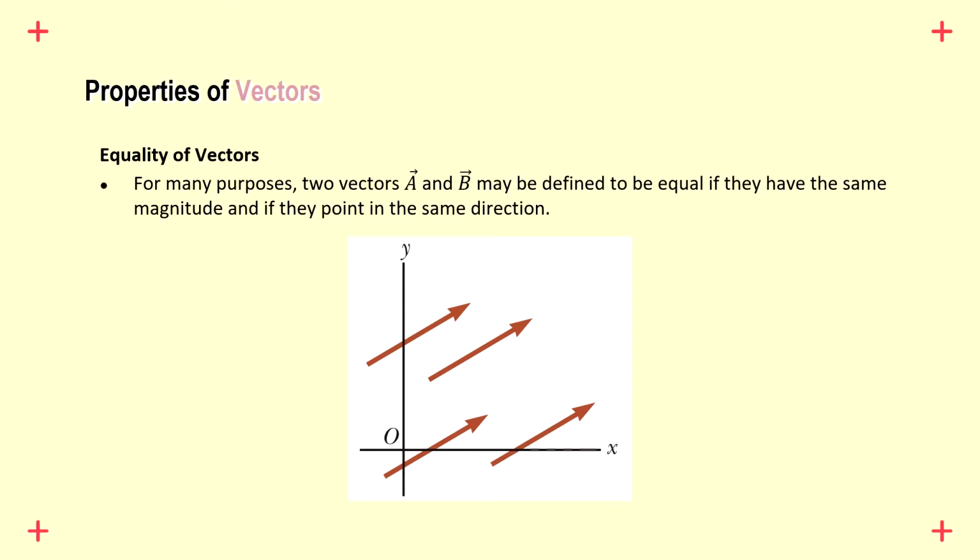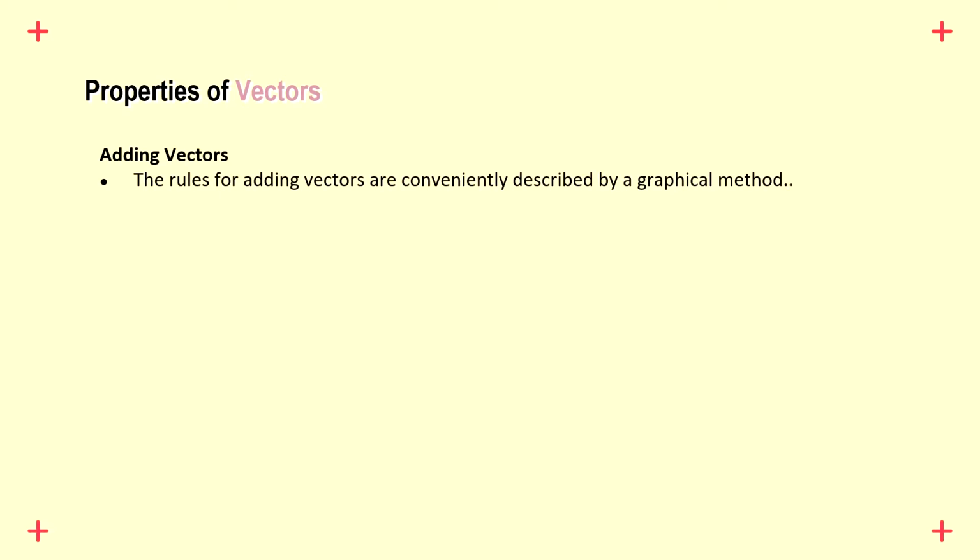Now, for adding vectors, the rules for adding vectors are conveniently described by the graphical method. So, for example, I have a vector here, vector A. Then you have another vector B, and we want to add them together. We can just draw them like this, with the first vector.